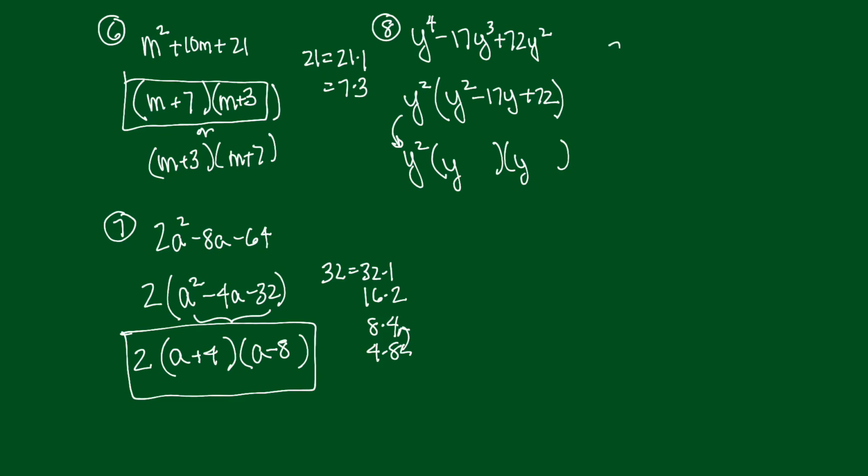Well, here's what I'm thinking. 72, I can get with 72 and 1. Now, this is what I always use. If this is even, just cut this in half and double that one. So I'll get 36 and 2. Now, 72 and 1, I cannot get a 17 out of that. When I add or subtract them, no way I get 17. What about 36 and 2?